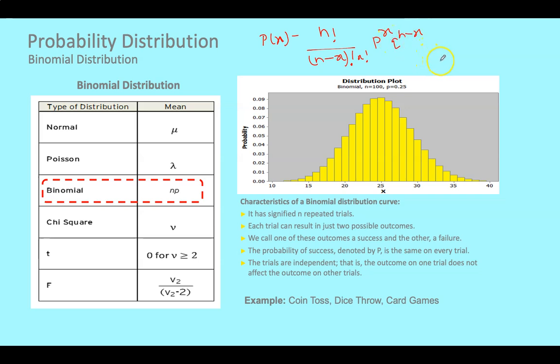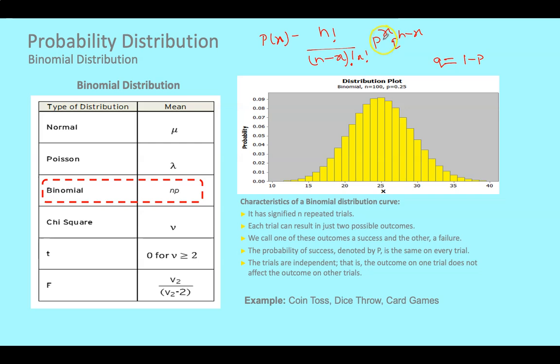Q is the failure, which is nothing but 1 minus p, and we have the probability of winning as well, for the event that we are going to find out.